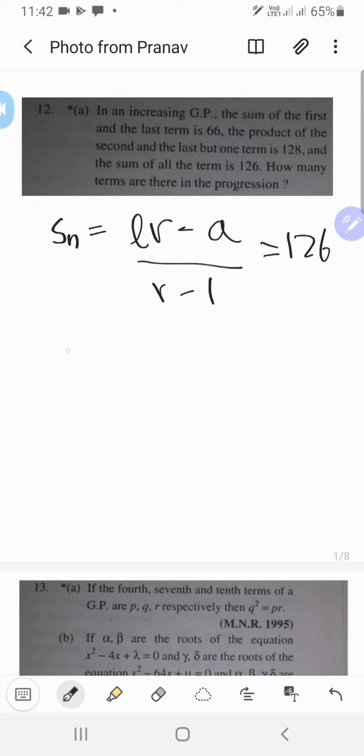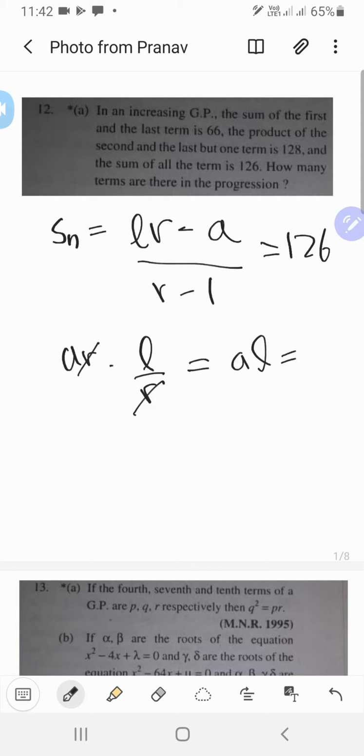The second term is A times R, and the last but one term is L divided by R, because the last term is the last but one term times the ratio. You can see the R's cancel away, so you just get A times L.